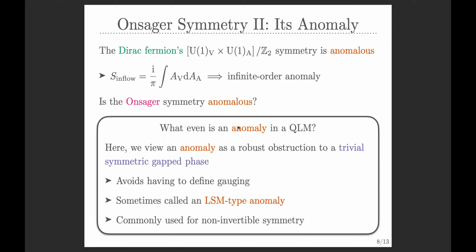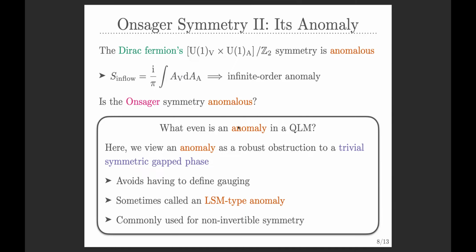There's of course an obstruction to a fiber functor definition, but when you look at it in the symmetry TFT, it's very clear. You fix the symmetry boundary, you look at all of the other Lagrangian algebras, and if there's no magnetic Lagrangian algebra, there's no SPT, and that's what we call an anomaly. So this is the perspective I'm taking in this talk.